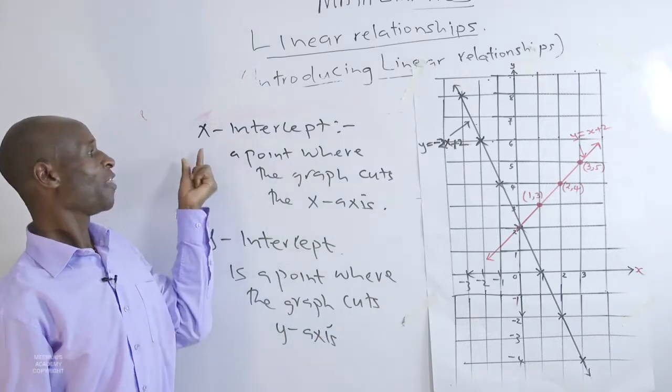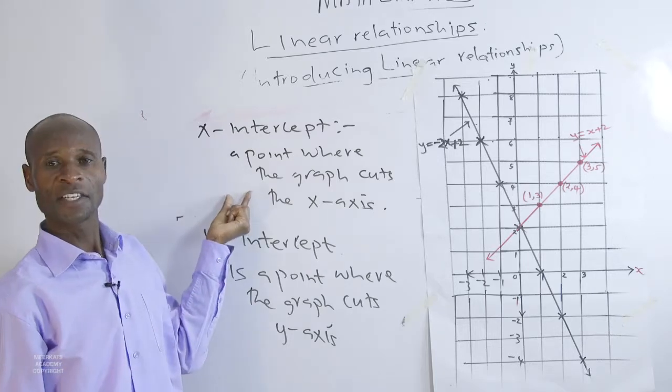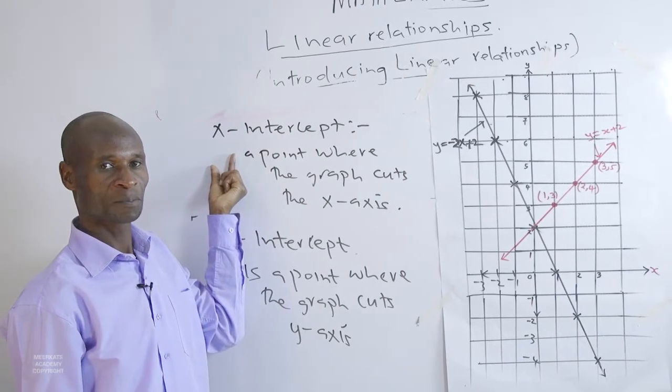So the point where the graph cuts the x-axis is called the x-intercept.